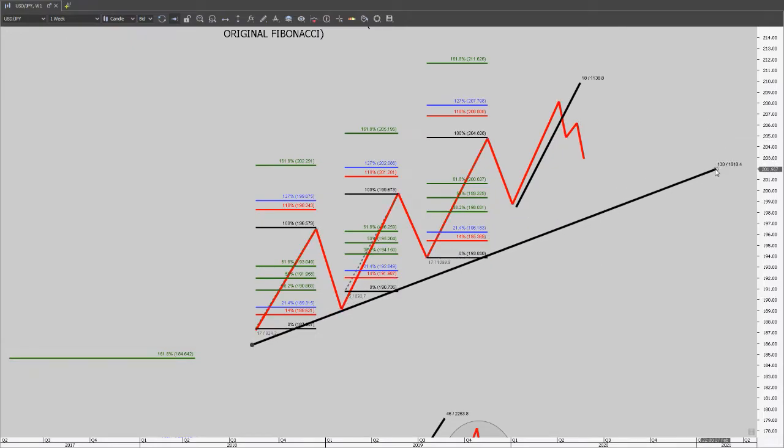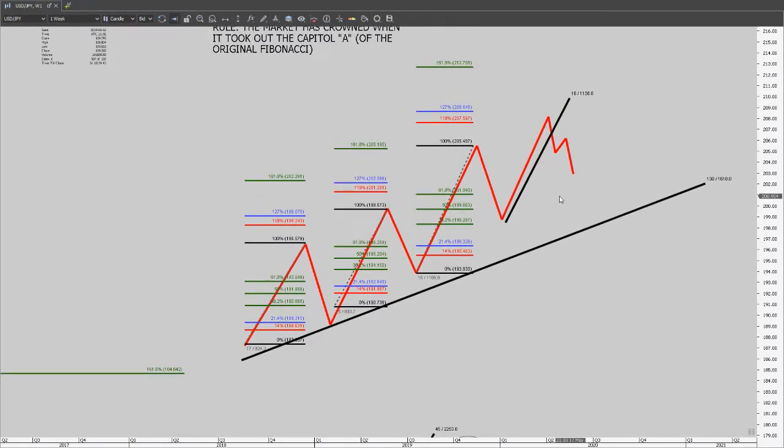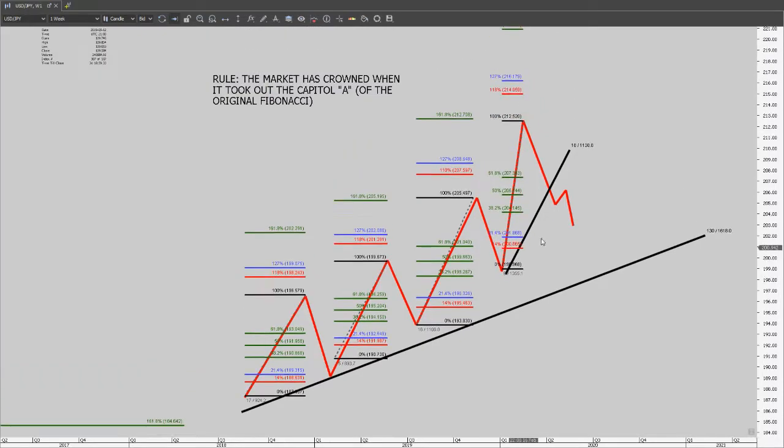So trend line is going to be like this. Blue goes to blue, and green goes to green, so it's going to be somewhere up in here, okay. And we have one more, so there you go, the last Fibonacci, okay.